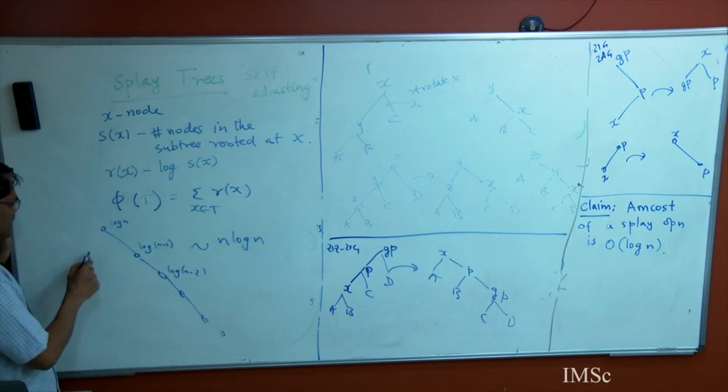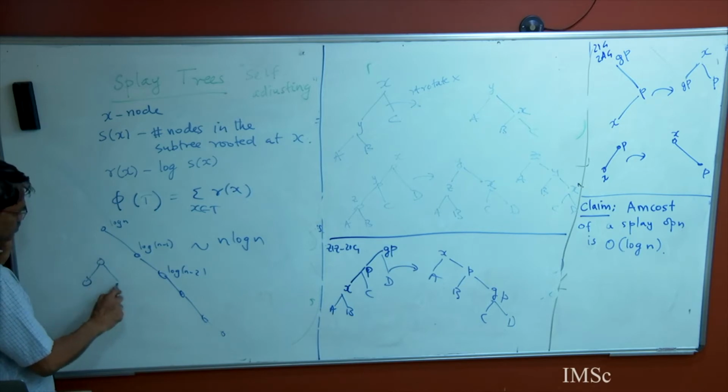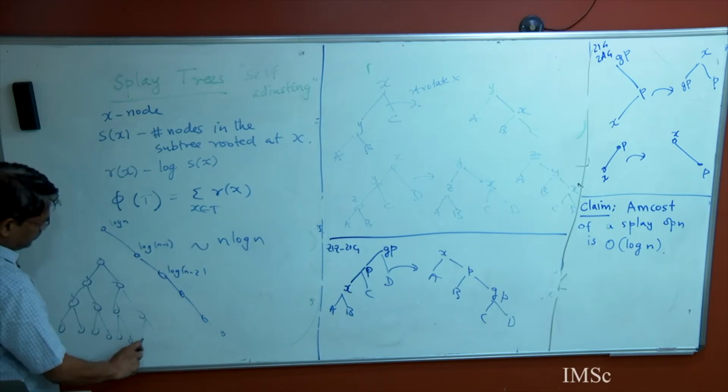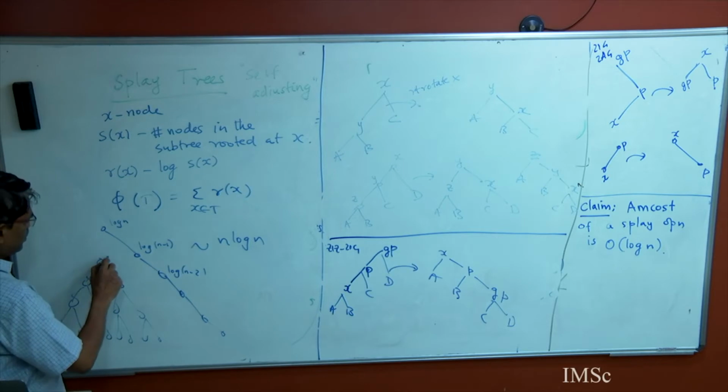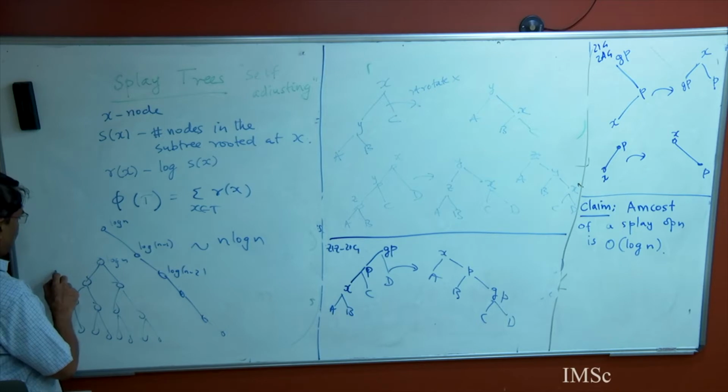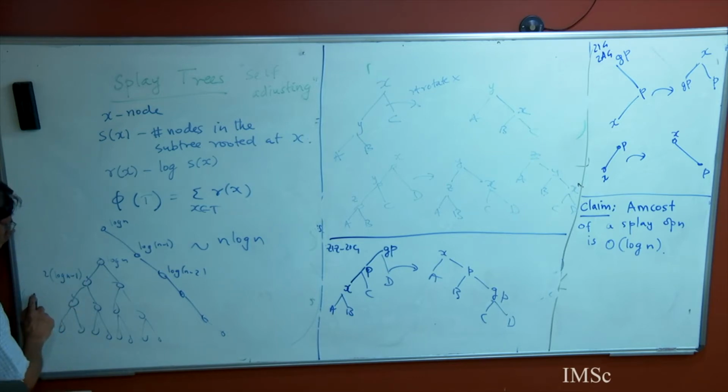But if the tree is nicely balanced, then here it will be log n, here it will be log n minus 1 twice, and then log n minus 2 four times, because the sizes are n by 2, n by 4, and you add them all, this will be more like order n actually.